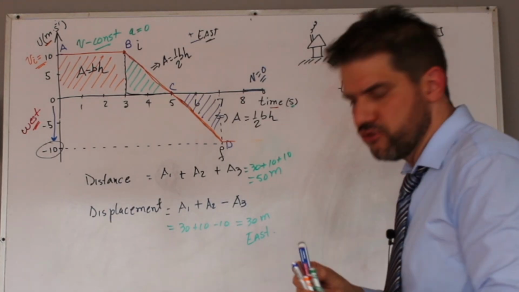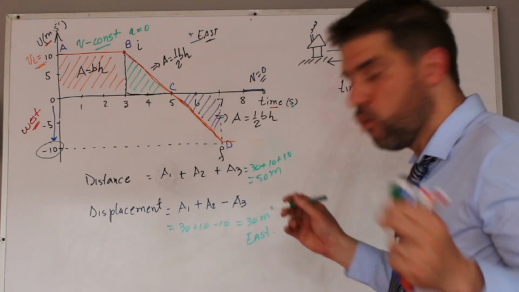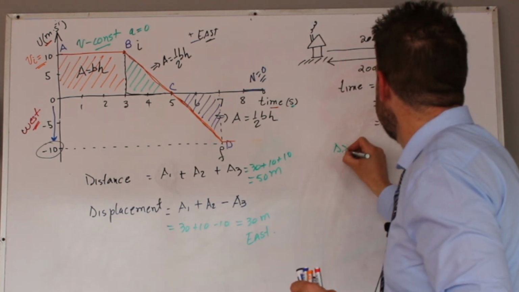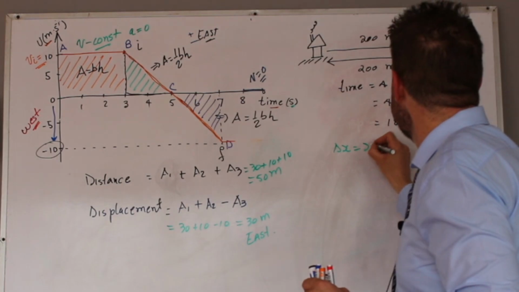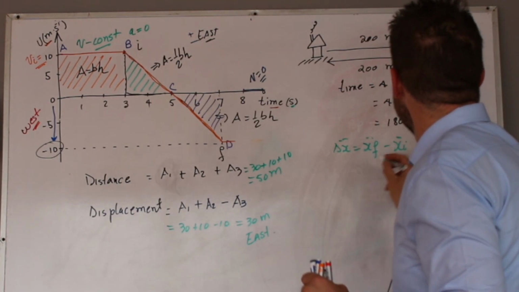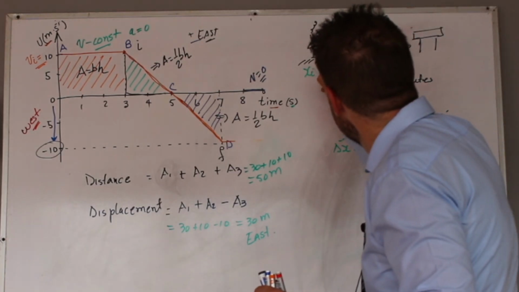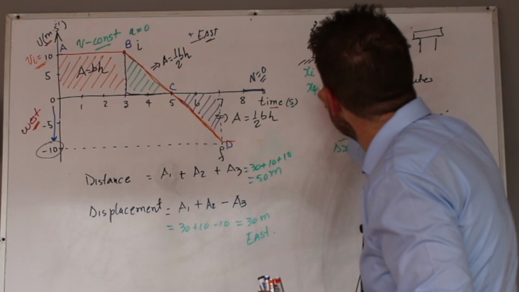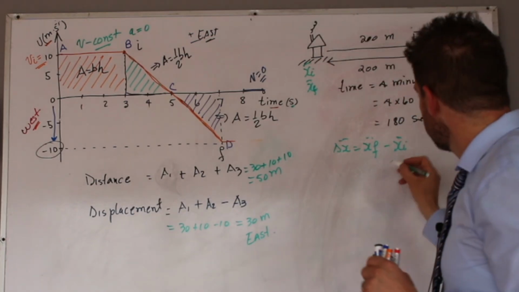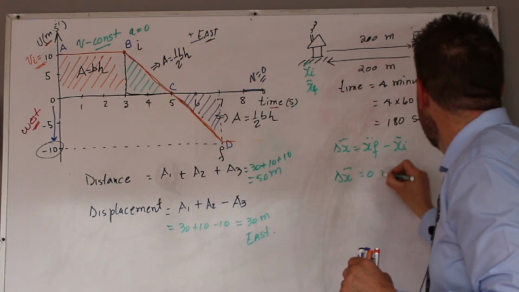So now the first question says, what is the displacement? Well, you don't have to calculate, but if you want, you can say that displacement is equal to final position minus initial position. All right. The final position is house. The person starts from home and ends at home. So it's going to be 0. The displacement is 0 meters.